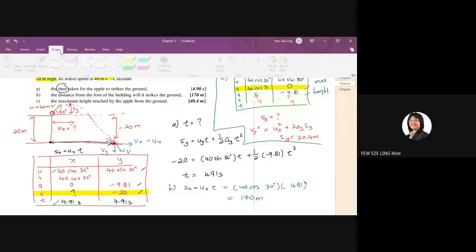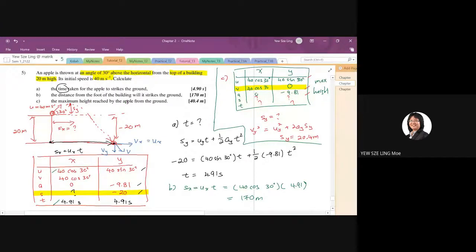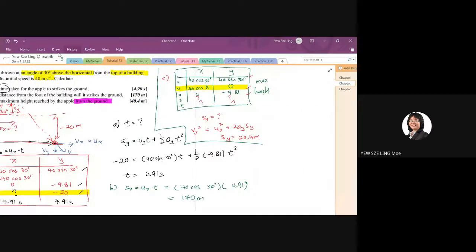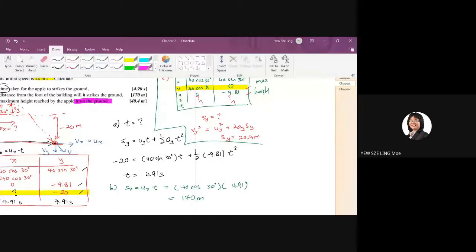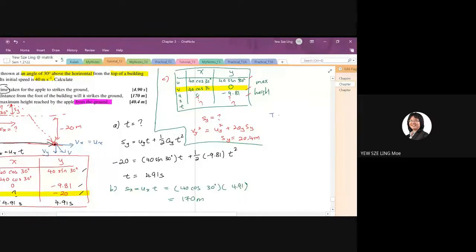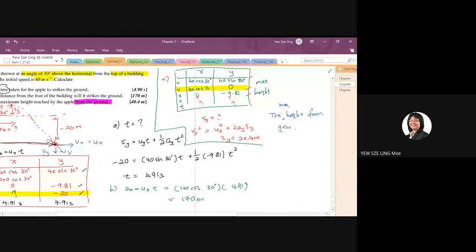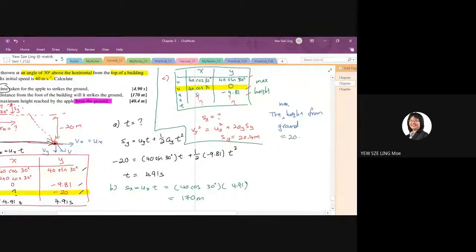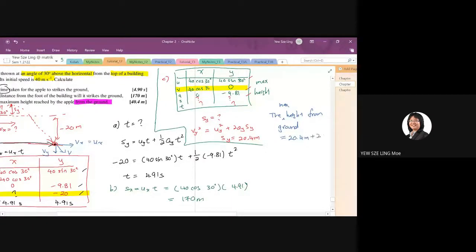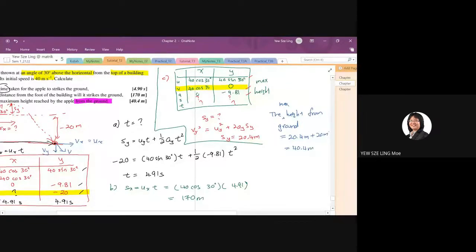The question is asking for the height from the ground. Therefore, the max height from the ground equals 20.4 meters plus 20 meters, which then equals 40.4 meters.